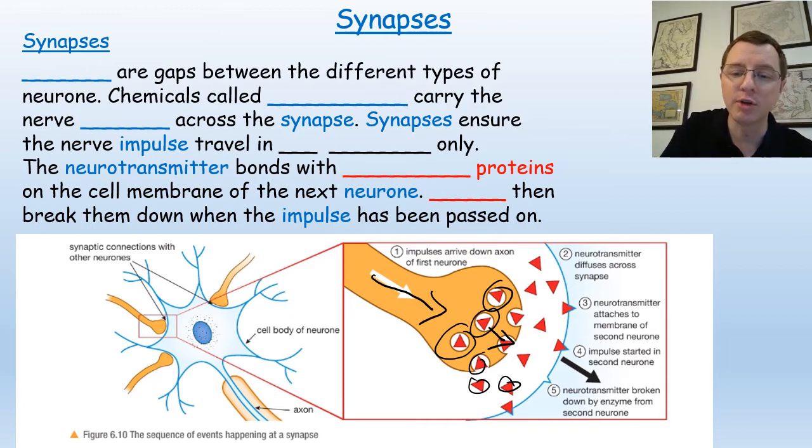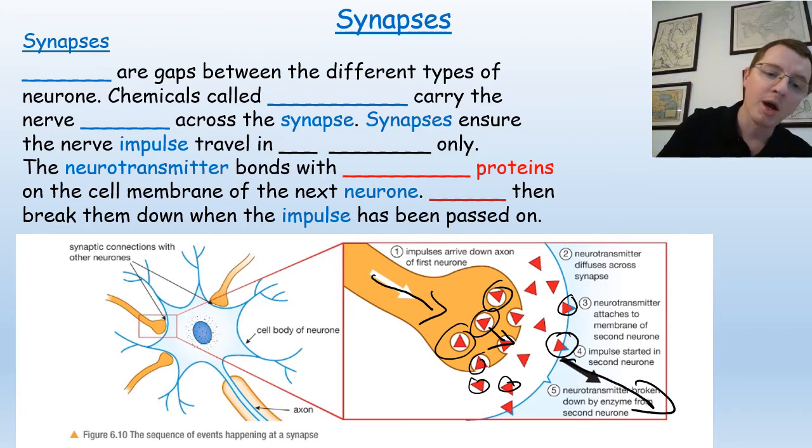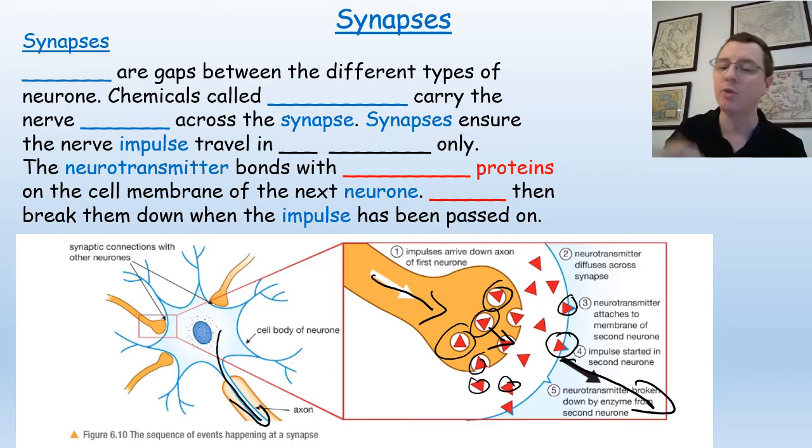When the neurotransmitters reach the other side, they begin to bond with receptors, protein receptors, that are embedded into the cell membrane of the motor neuron. And these receptors, when they receive the stimulus of the neurotransmitter chemical, they create new electrical nerve impulses which can then travel and carry on down the axon of the motor neuron going towards the effector muscles.